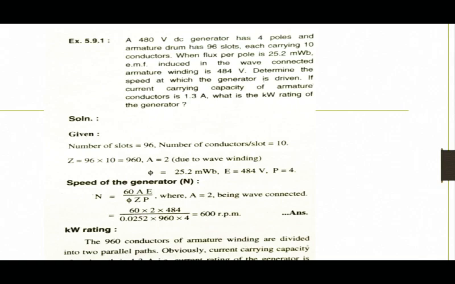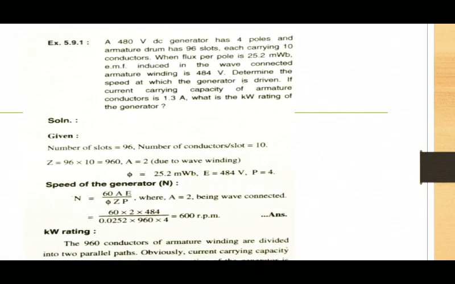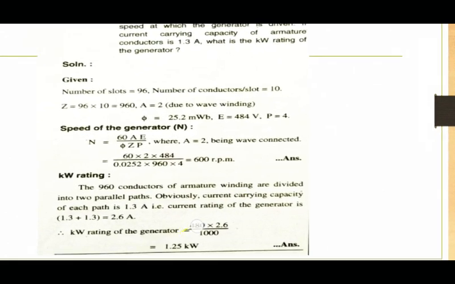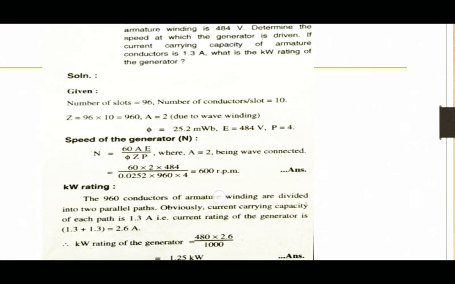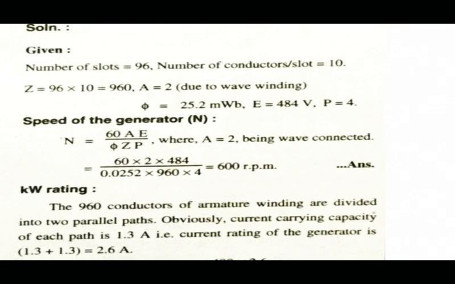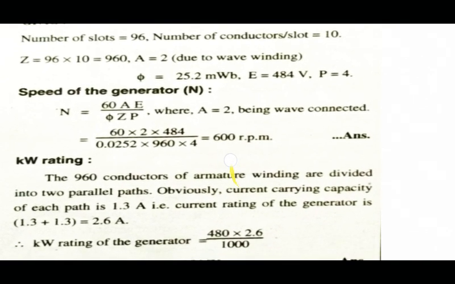Then phi is equal to 25.2 milliweber, E is equal to 484 volt, and P is equal to 4. So the speed of the generator, capital N, is equal to 60AE divided by phi ZP, where A is equal to 2 being wave connected. We put the values here and we get N is equal to 600 RPM.